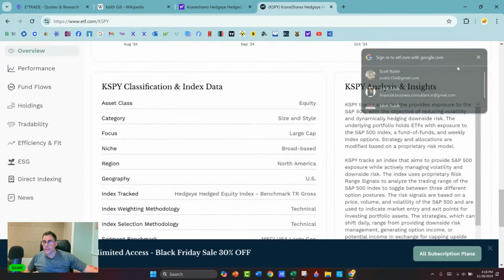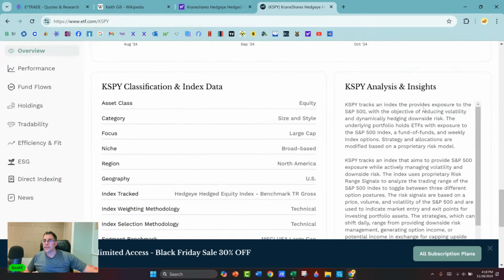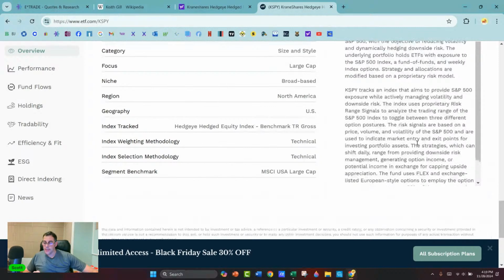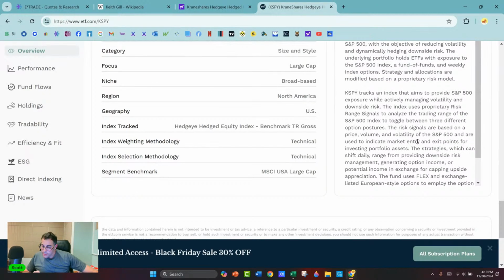I'm still not sure what it is. It tracks the S&P 500 with the objective of reducing volatility and dynamically hedging downside risk. Okay, so it's just limiting your downside. Yeah, I guess if you think the S&P 500 is too risky, no, they don't use options.